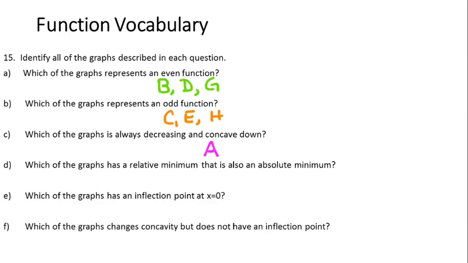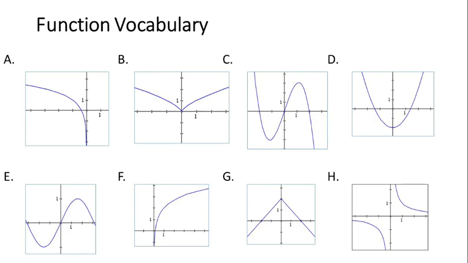Okay, next up it asks which of the graphs has a relative minimum that is also an absolute minimum. So a relative minimum, remember, is a minimum point in a particular section of the graph. So it may not be the lowest point on the whole graph, but it is the lowest point in a certain part of the graph. An absolute minimum, that's the lowest point on the entire graph. So let's look at our graphs.